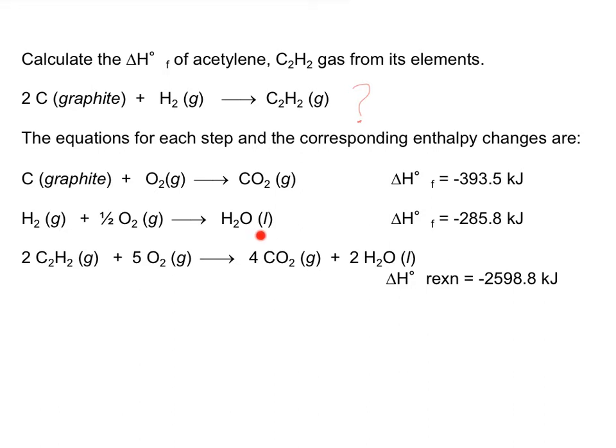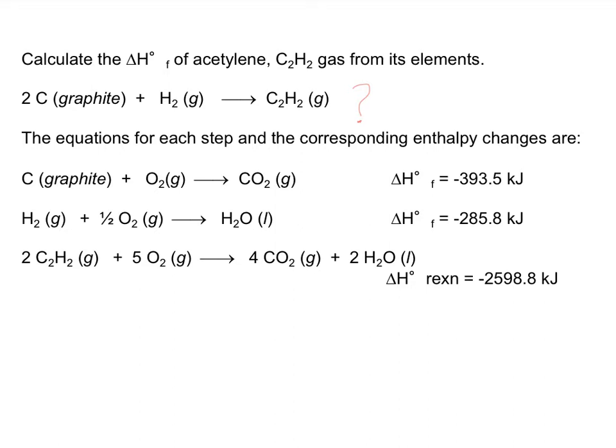Because in this reaction, we form one mole of water from the pure element hydrogen in its most stable form, the H2 molecule, and the most stable form of oxygen, the O2 molecule. This reaction is also very exothermic, with delta H of negative 285.8 kilojoules.